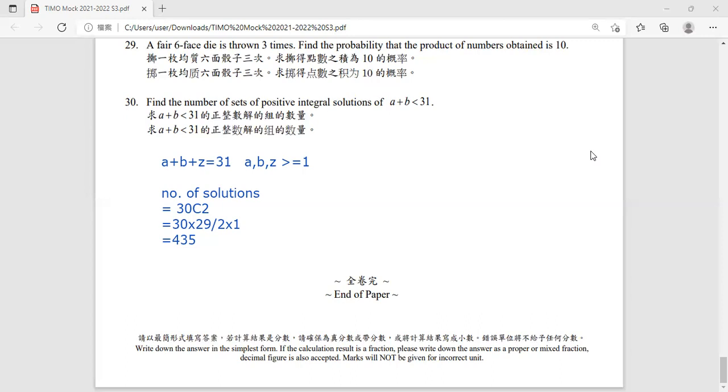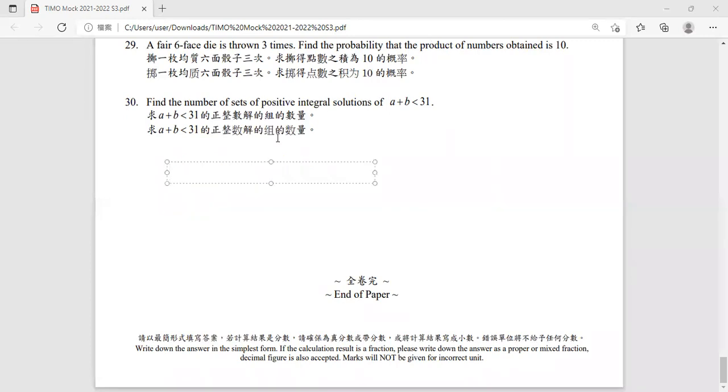For stars and bars, how do we know when to use C plus? This is a good question. You can think of it as turning all the questions into the basic case.